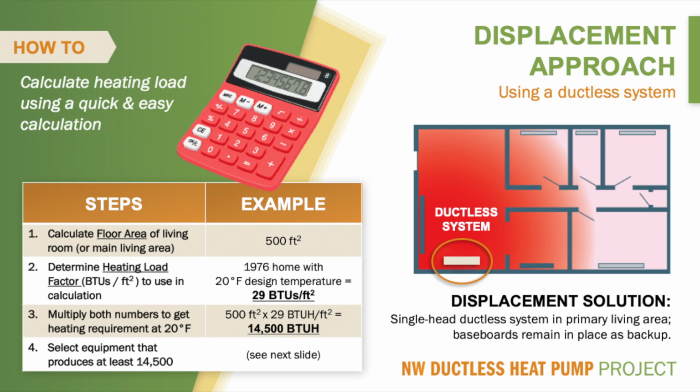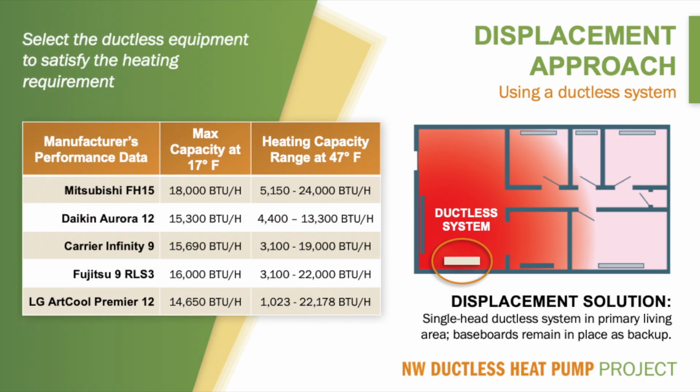The next and final step involves choosing a ductless heat pump that can provide at least 14,500 BTUs at 20 degrees Fahrenheit. Here we see several ductless heat pumps that will satisfy our heating requirement and that are readily available in most areas. What is shown are the equipment that produce slightly more than 14,500 BTUs at 17 degrees Fahrenheit.